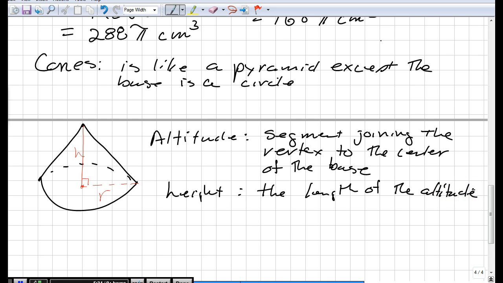But as with pyramids, we also have what's called the slant height. Okay?